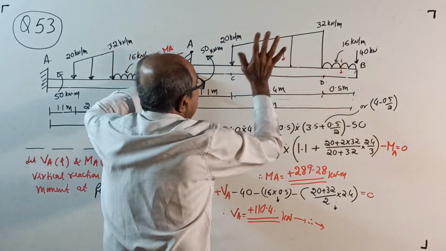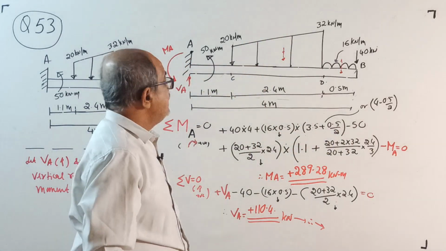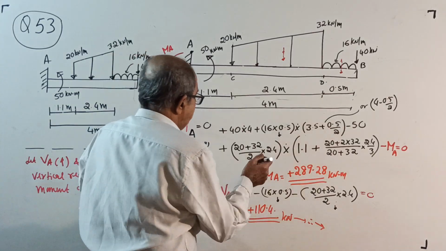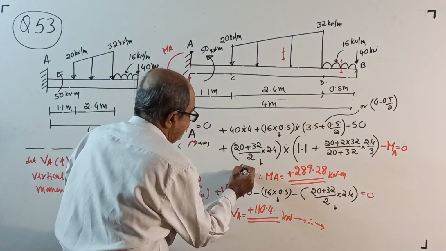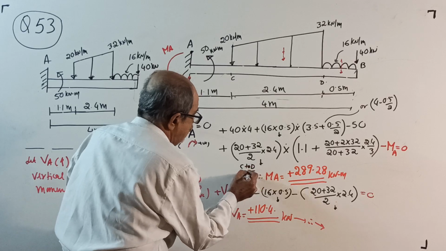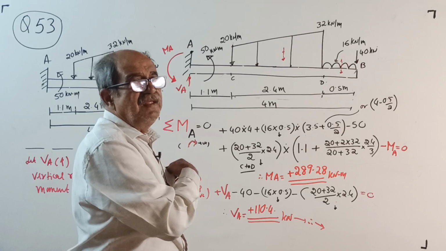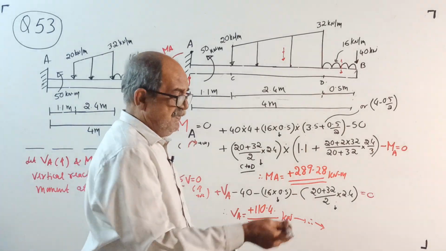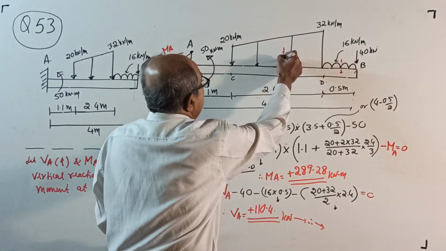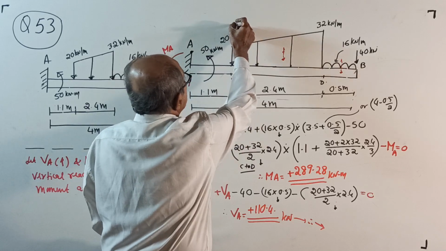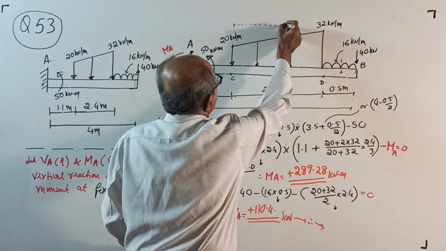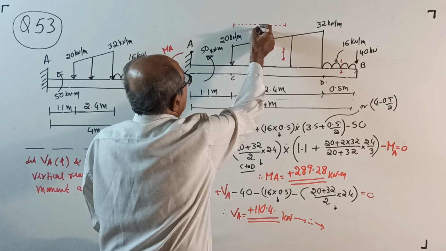Then, uniformly varying load. You write complete UVL from C to D. This is UVL from C to D, full UVL from C to D represented by a trapezium. In case of UVL represented by a trapezium, the total load will be acting here, and the distance from here will be X bar.